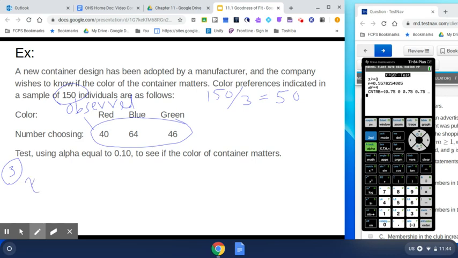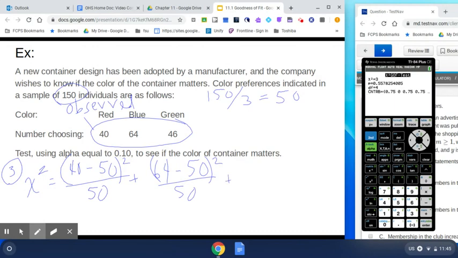All right. The chi-squared test statistic, we take the first observed value minus the expected value, square that, and divide by the expected. I would do that for blue, observed minus expected squared over expected.